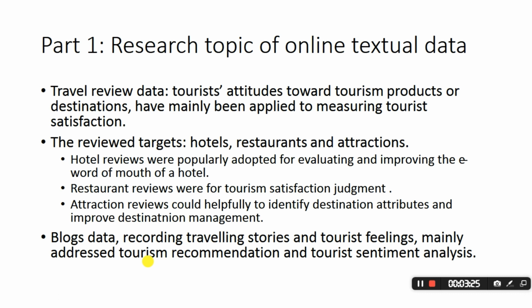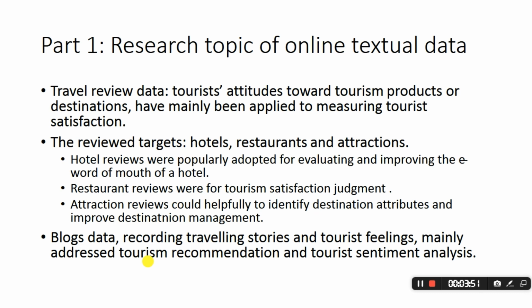So, from the research topic to see, many travel review studies adopted online data in research of tourist attitude toward tourist products, especially to measure tourist satisfaction. From the review target to see, most of previous studies focused on hotels, restaurants, and destination attractions.